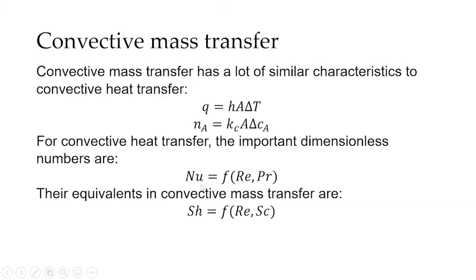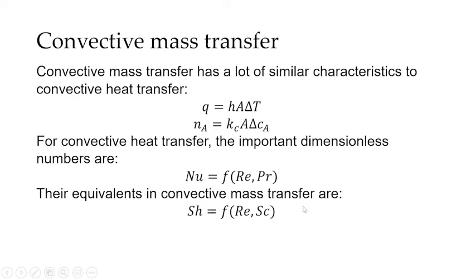The equivalent of Nusselt number in mass transfer is the Sherwood number or Sh. The Sherwood number is also a function of the Reynolds and the Schmidt number. So we are introducing two new dimensionless numbers here. The Schmidt number is the equivalent of Prandtl number, and the Sherwood number is the equivalent of the Nusselt number.